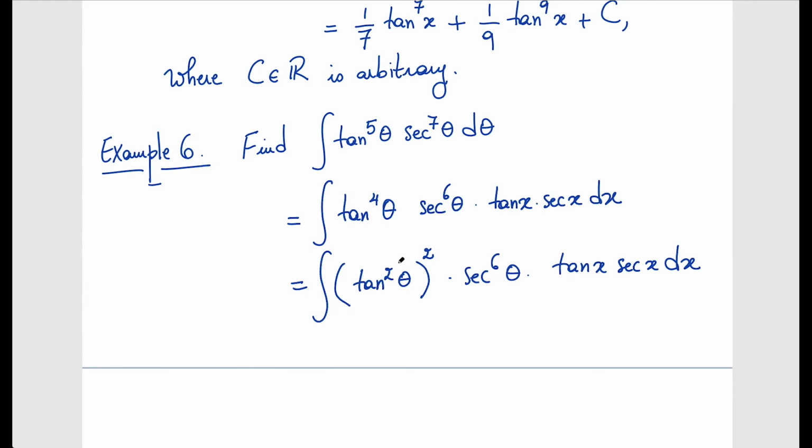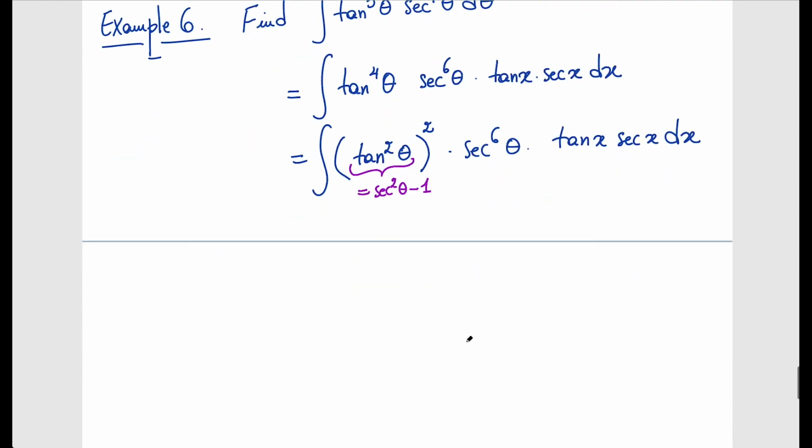And tangent squared theta is the same as secant squared theta minus 1, correct? So that's secant squared theta minus 1.